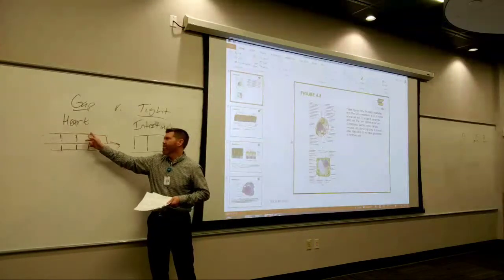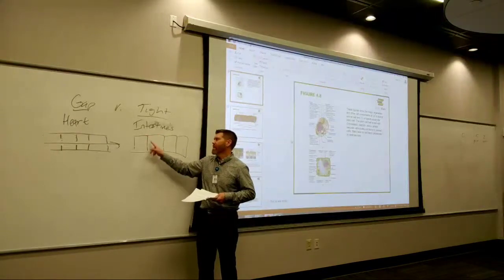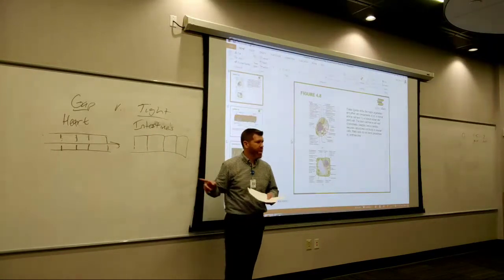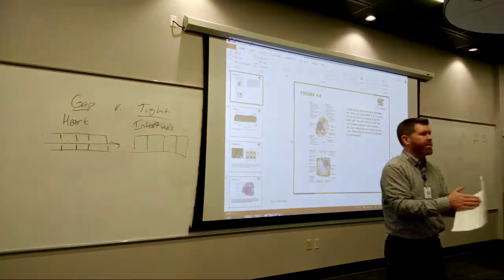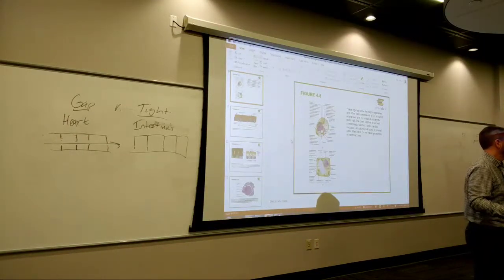But if you no longer have tight junctions, there's going to be space in between those cells. They're not fused together anymore. So the skin is going to become more permeable at that point.